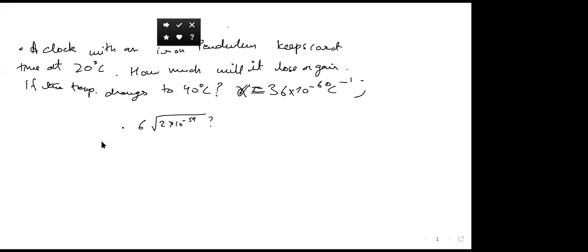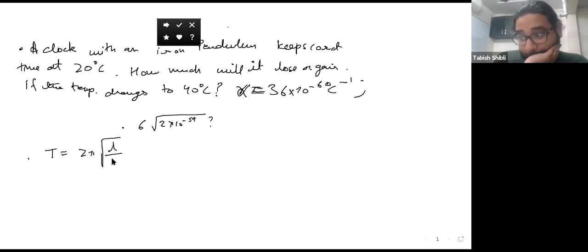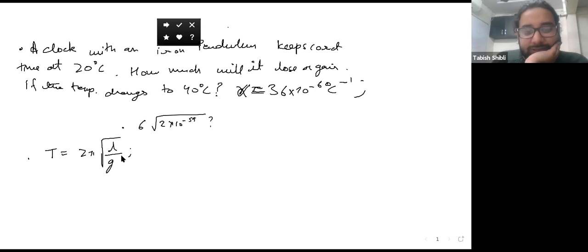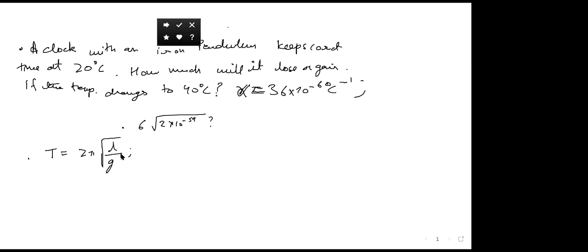Sir, the time period of a pendulum was, I think, 2 pi root L by G square plus A square. No, it's just root L by G. That's it. Oh, yes, yes.